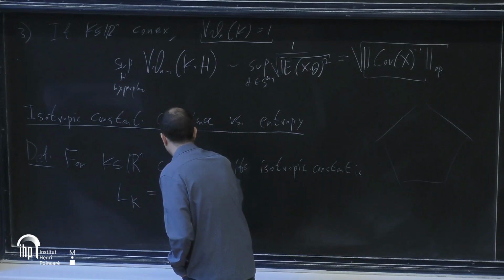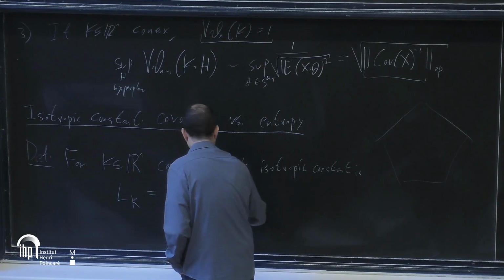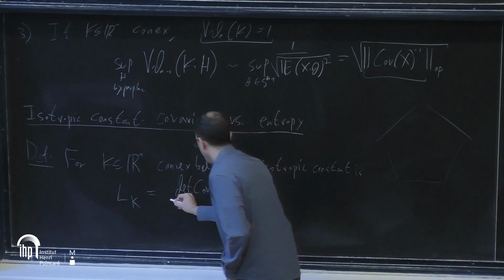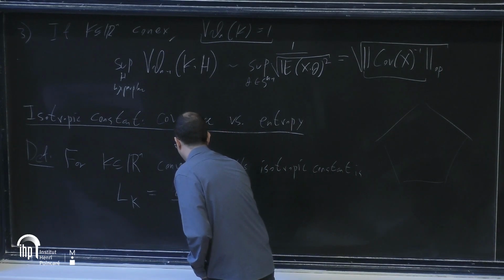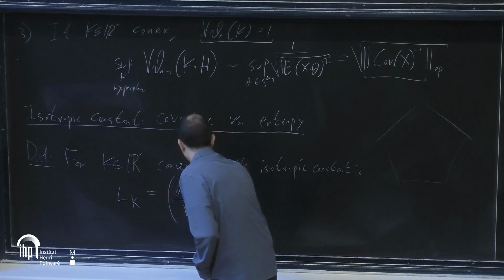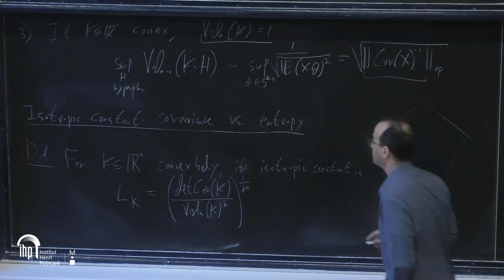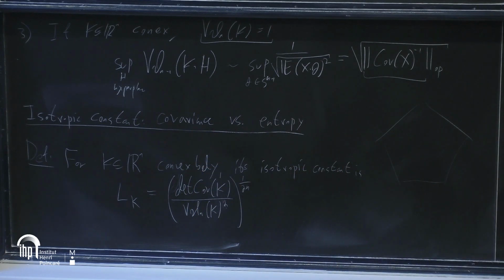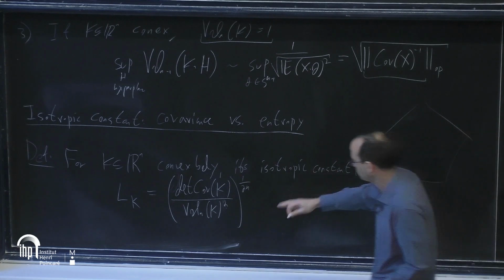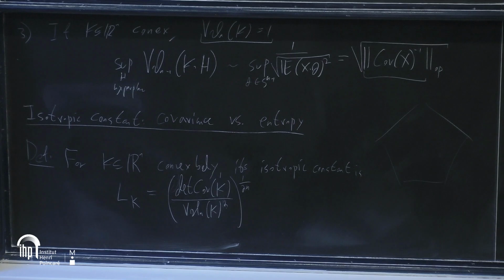So it is the determinant of the covariance matrix of the uniform measure on K, over the square of the volume of K, to the power 1 over 2n. Okay, so this is the isotropic constant of a convex set K. I will explain why this is the right way to normalize these two things. But you can think for yourself, it's a fine invariant.